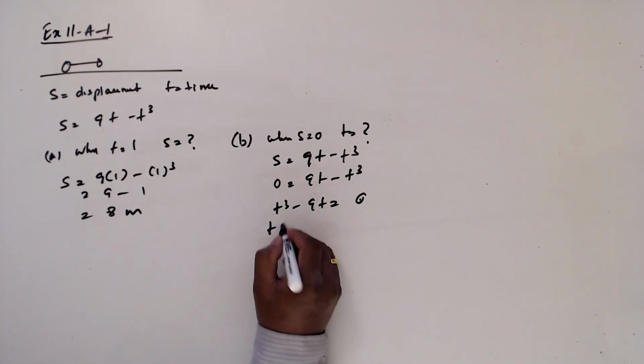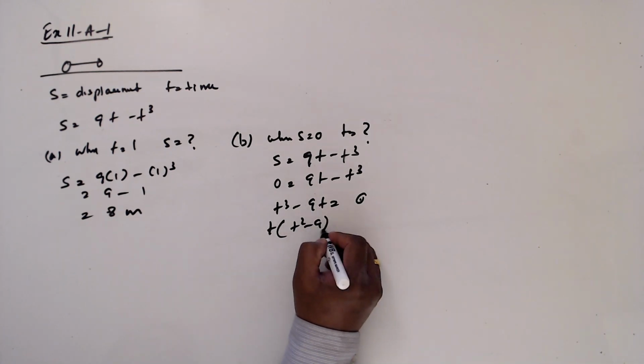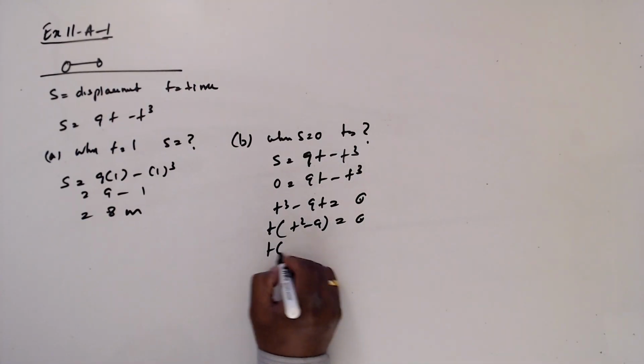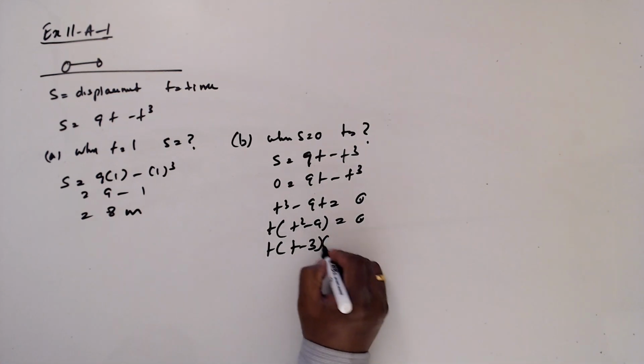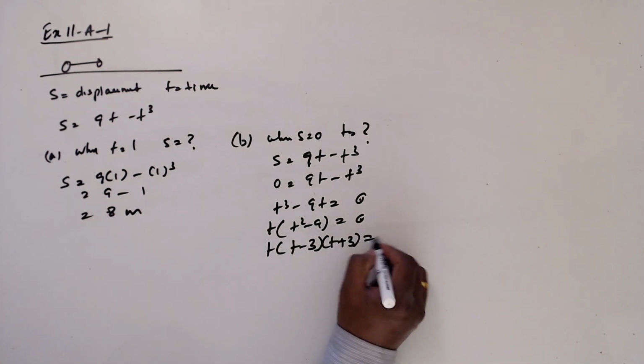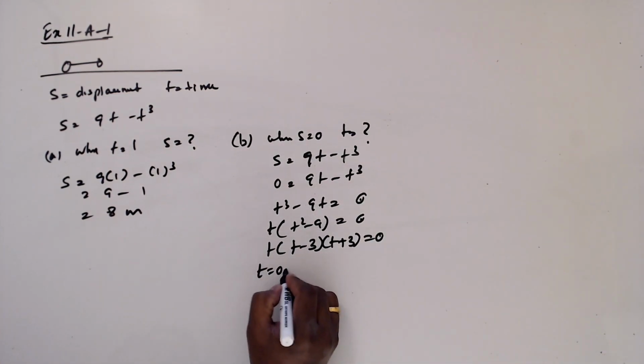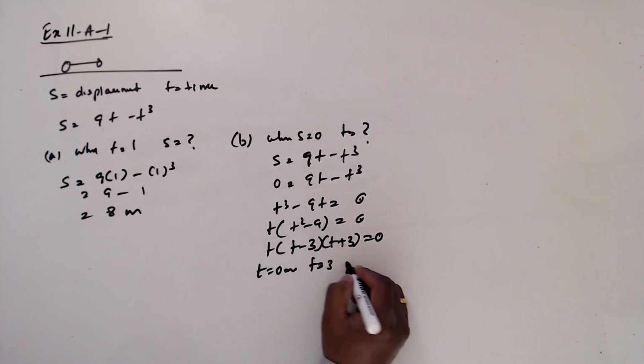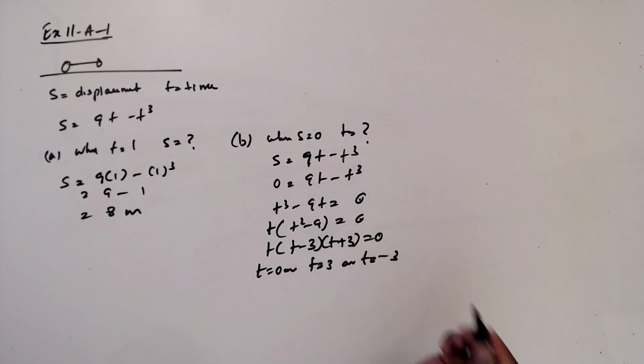I'll take T out, so this is T times (T squared minus 9) equals 0. I can factorize: T times (T minus 3)(T plus 3) equals 0. So T equals 0, or T equals 3, or T equals minus 3.